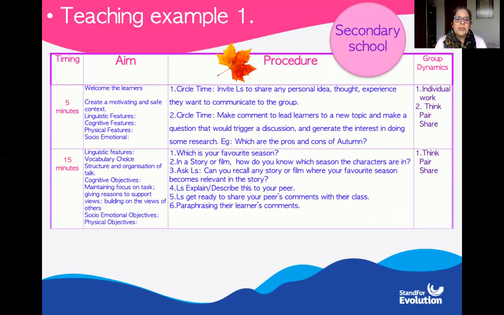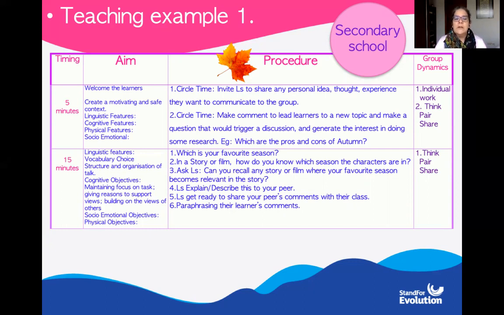From this discussion, we might invite learners to think of, in a story or film, how do you know which seasons the characters are in? How can you figure out the seasons the characters are in? Maybe they want to recollect some film or series they just watched and describe a certain scene where they figured out the season the characters were in.